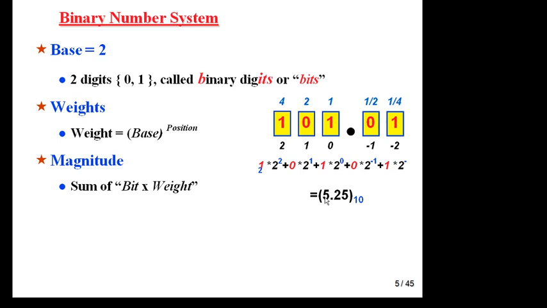You do not need to calculate this because it is a time consuming process. Just add this and this. Similarly, because this digit is 0, and 1 upon 4 is 0.25.